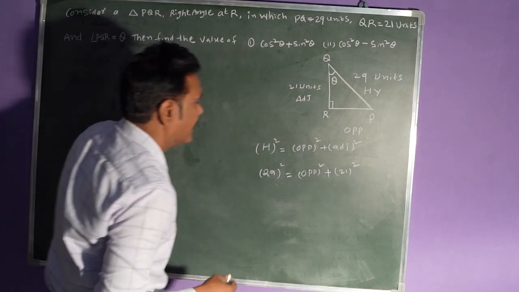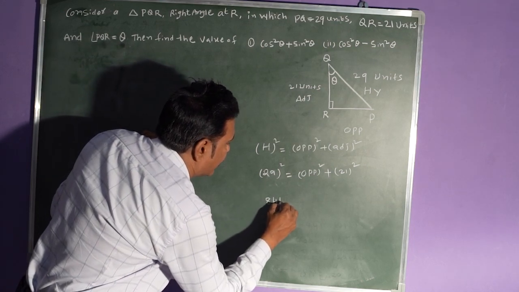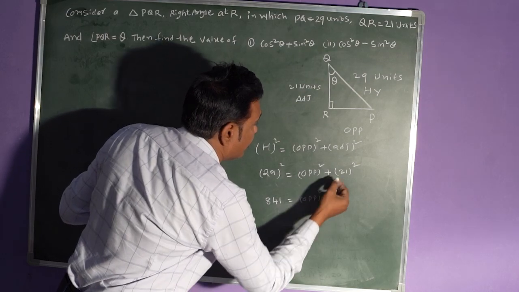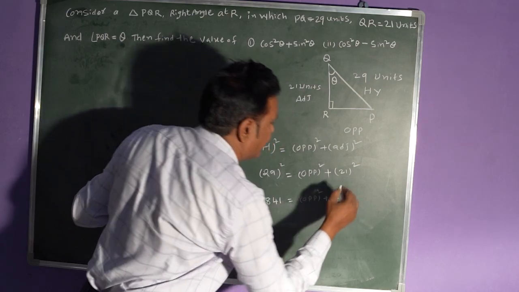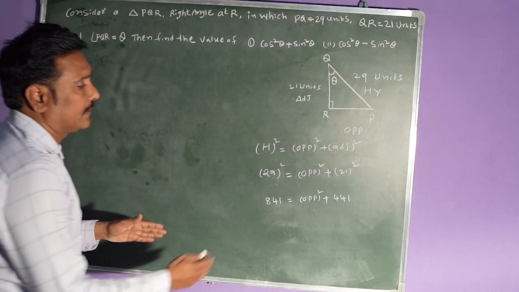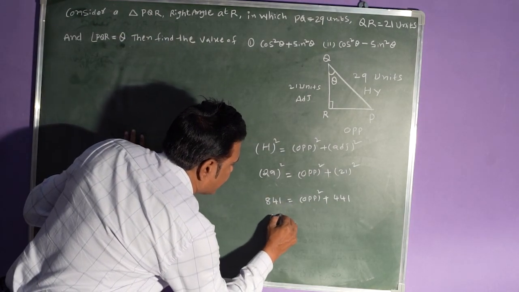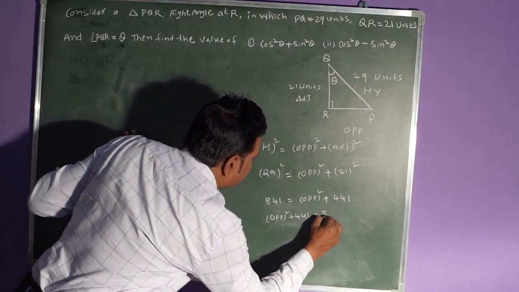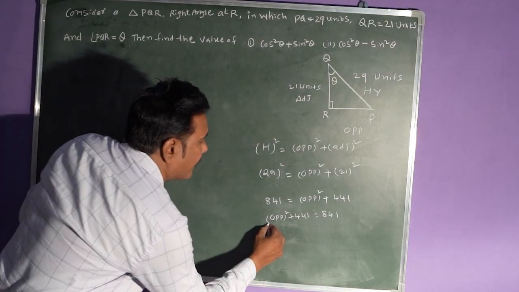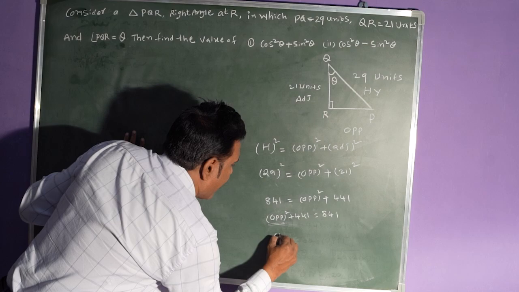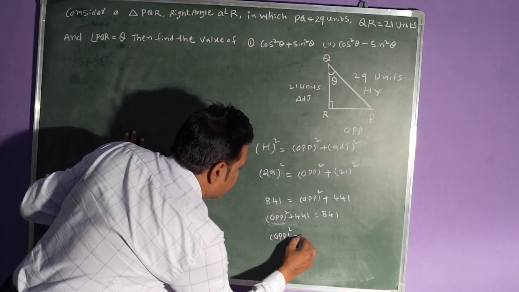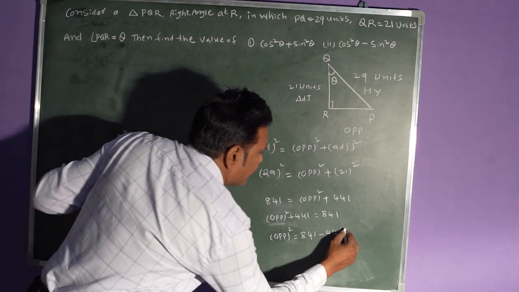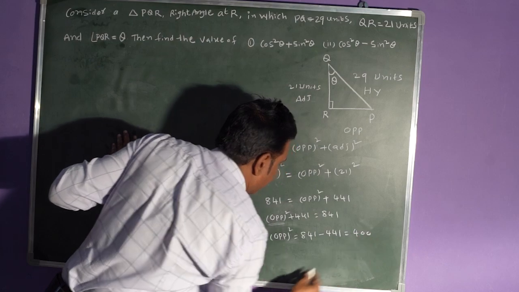21 square. Then 29 square is equal to 841. Is equal to opposite square plus 21 whole square, which is 441. Okay. Next, opposite square plus 441 is equal to 841. I will find the value of opposite. Then opposite square is equal to 841 minus 441, which is equal to 400.